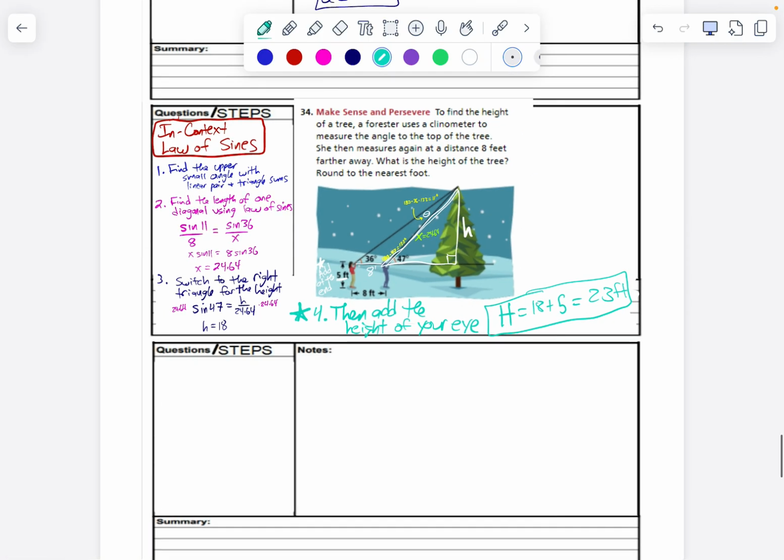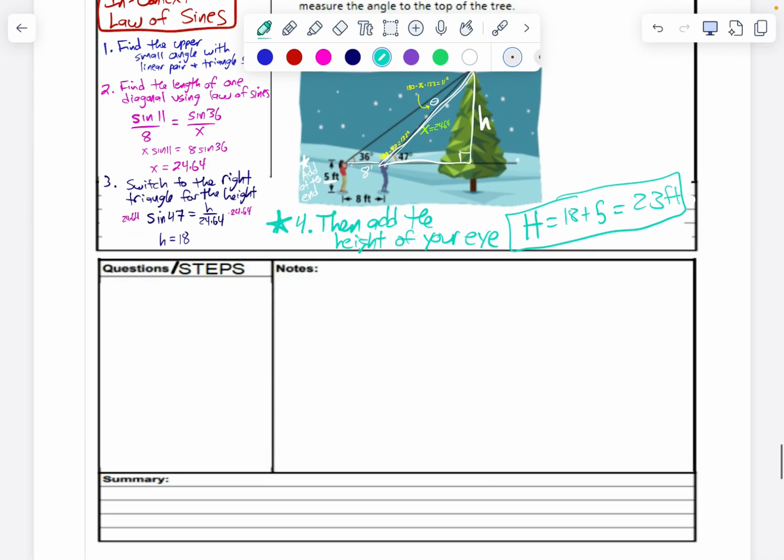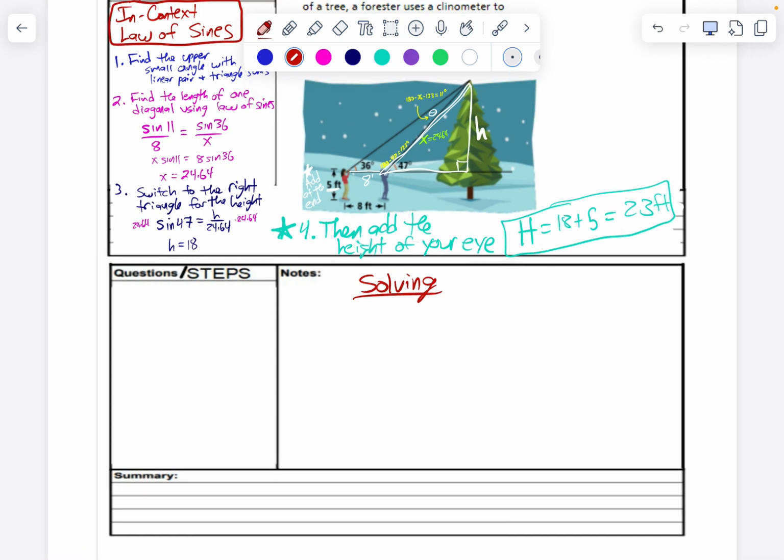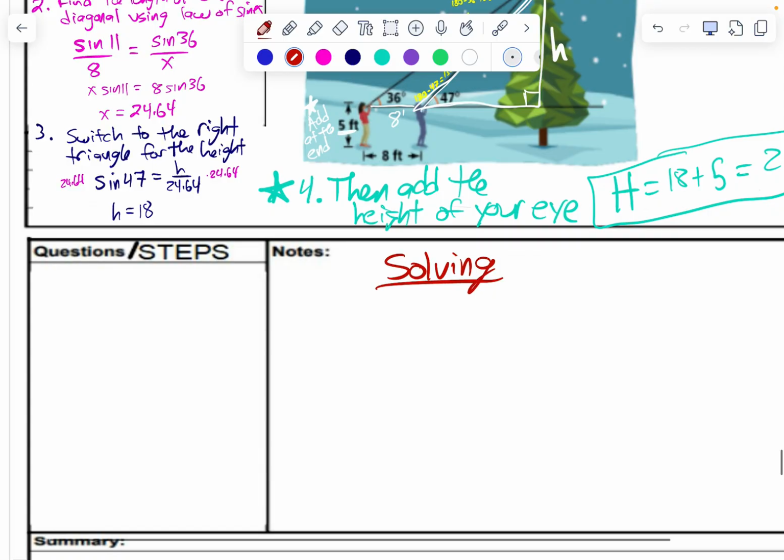Okay, I'll be honest. This is my last box. I guess most of you don't use this, but for me, here's what I want you to write. Kind of a little flow chart. What's our first question?